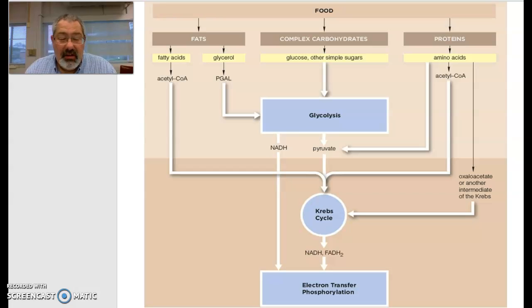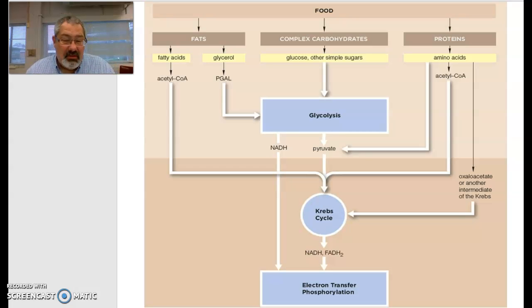This last slide talks about, and your book also talks about it, OpenStax talks about how other organic macromolecules such as lipids and even proteins can enter the respiratory process at different levels. Glycerol can enter in glycolysis toward the middle. Some of the fatty acids can enter the Krebs cycle. Some of the amino acids can enter at different steps within the respiratory process and can be oxidized again to produce ATP and generate heat.